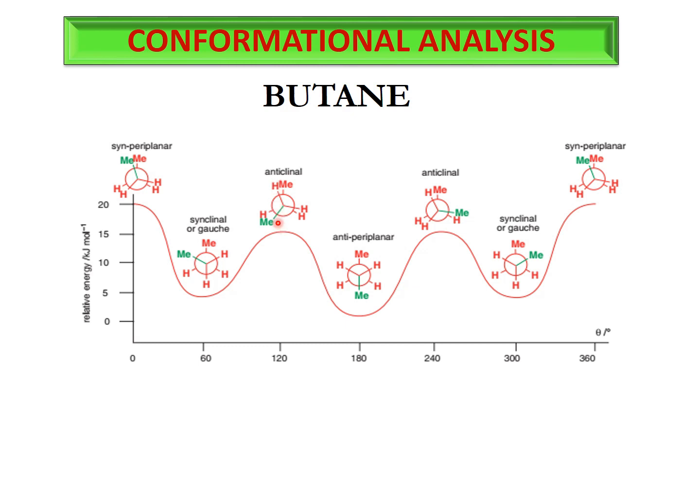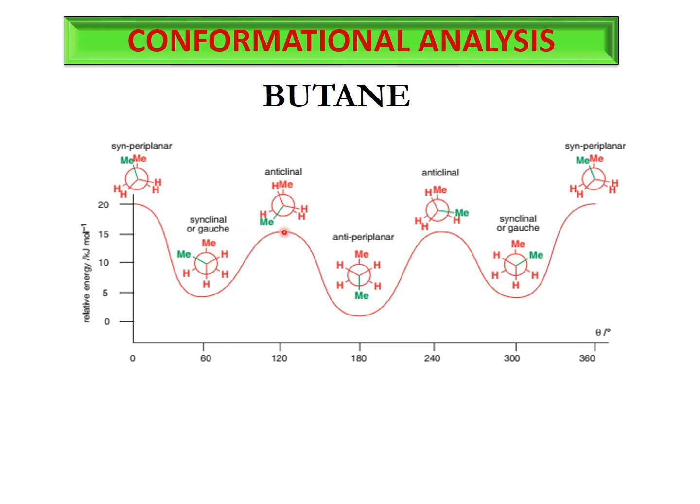Why? Because in syn periplanar, the two methyl groups, the bulkier groups, were eclipsing each other, so this was the highest energy conformation. This anticlinal conformation has eclipsed groups, but the methyl groups are eclipsing the hydrogens, not each other, and that is why the steric hindrance is relatively lower than in syn periplanar conformation.